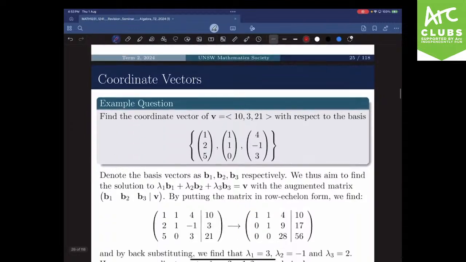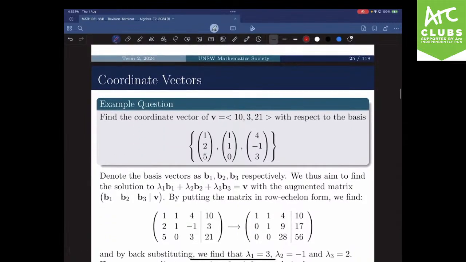And how we do that, again, is an augmented matrix. The premise is that we're trying to find solutions to lambda 1 b1 plus lambda 2 b2 plus lambda 3 b3 is equal to v, because then lambda 1, lambda 2, lambda 3 is our coordinate vector for v with respect to the basis.